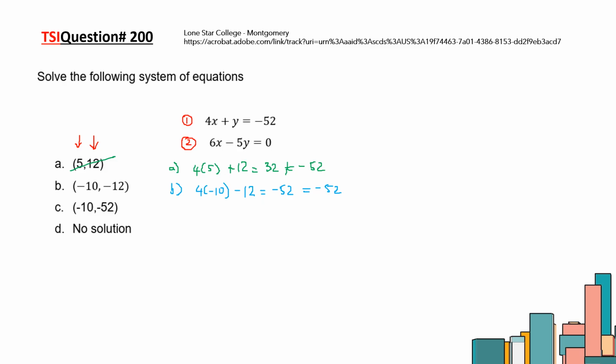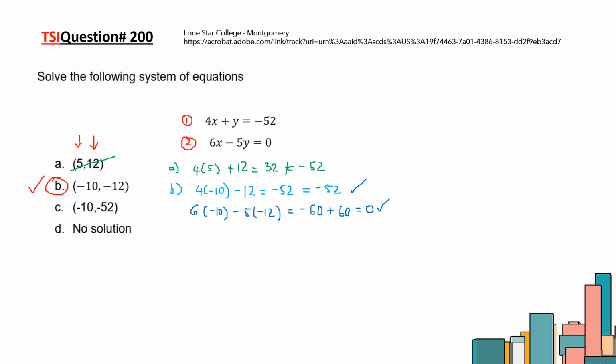Now we check the second equation because the first one passed. So 6 times negative 10, minus 5 times negative 12, does that equal 0? Yes, 6 times negative 10 is negative 60. Negative 5 times negative 12 is positive 60. That is 0. So B is the correct answer.